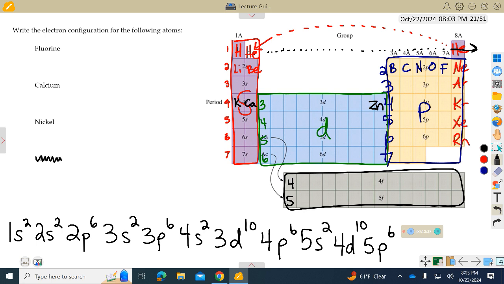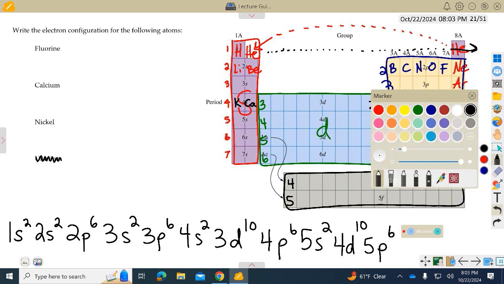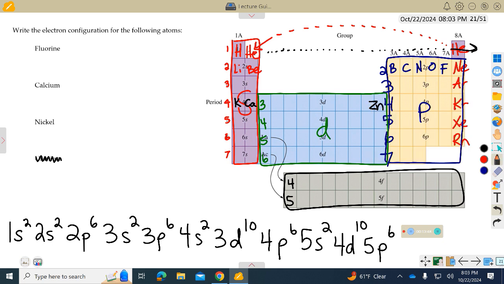Now, the last thing that we should mention is that sometimes these electron configurations aren't super wacky. You know, if I were doing somebody like fluorine, element number 9, I got to start at the beginning, 1s2, then I go to the 2s for 2. Now I'm at beryllium.